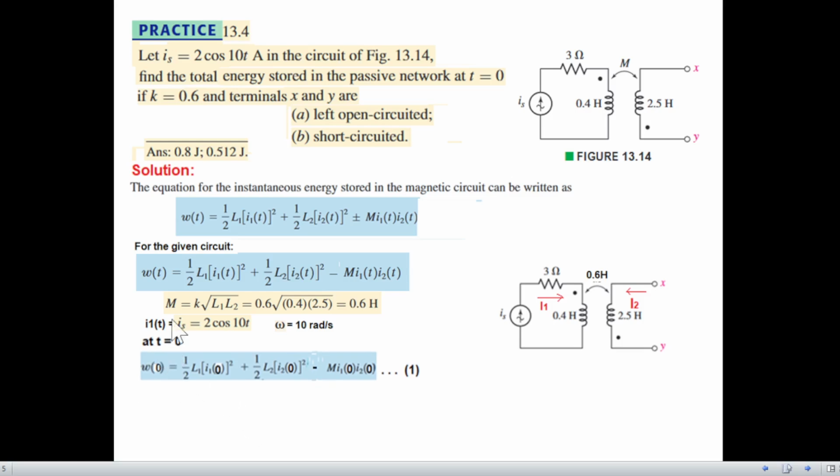And at t equal to 0, this equation can be written in this form, putting 0 wherever there is t.